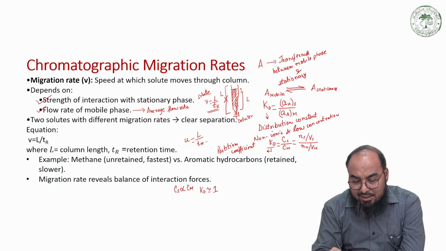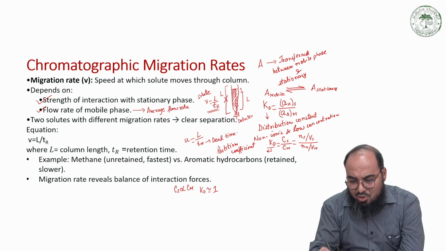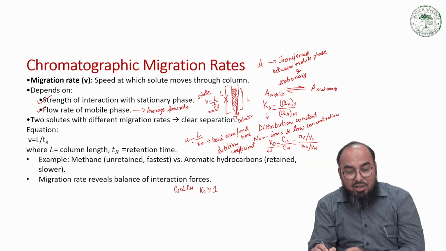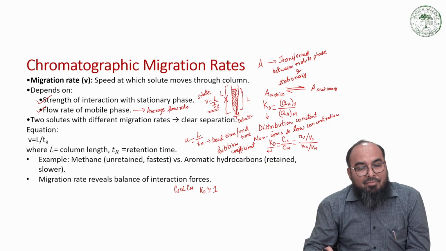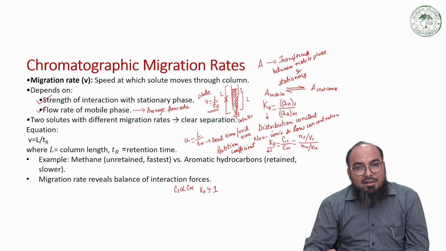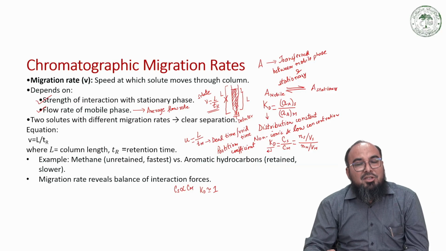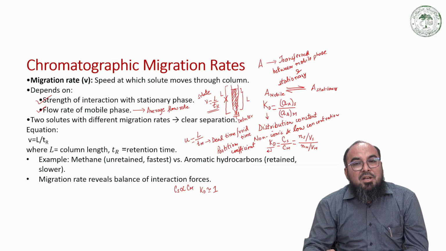This Tm is actually the dead time. It is called the dead time, and sometimes you can find it written as void time. This is defined as the time where the interaction with the stationary phase is minimum or nil. That is only passing of the mobile phase alone.